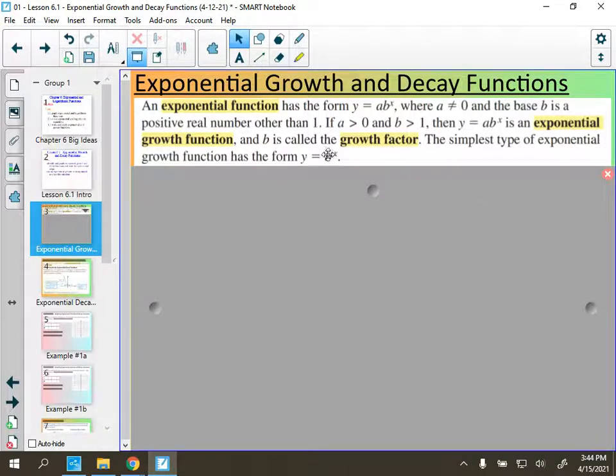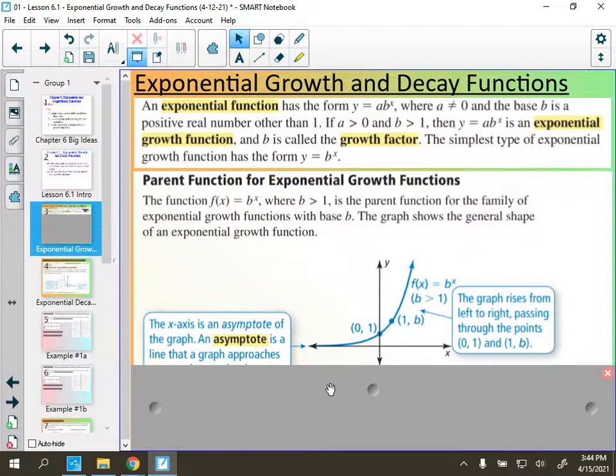All right, so taking the a out of it right now, basically setting a equal to 1. If a was 1, it would kind of make it go away: 1 times b to the x. So this is our parent function here. Let's look at some of the features of the graph.